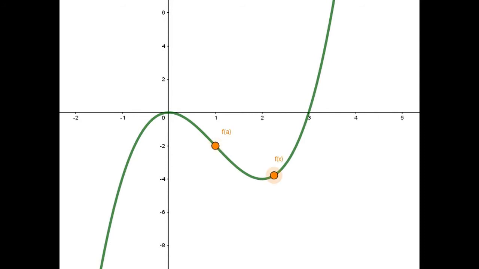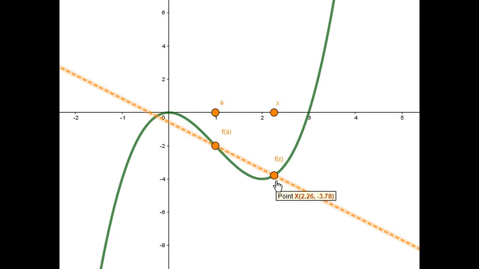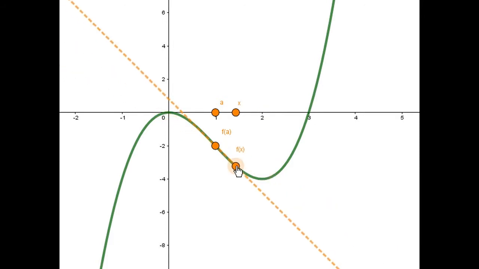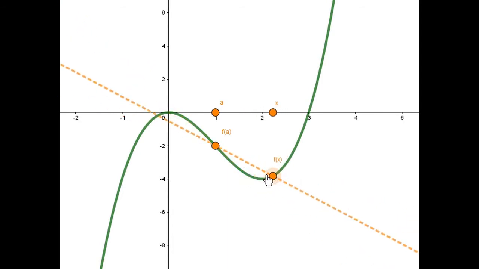I have it here both ways, but I'm going to show you with the a and x version first. So here's the secant line through the point a comma f of a and x comma f of x, right?